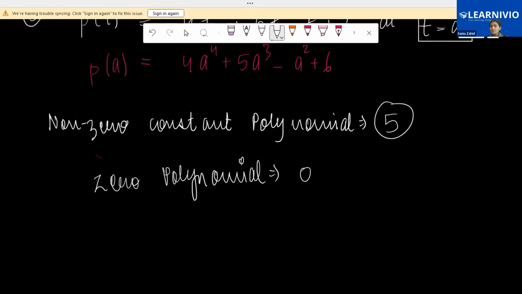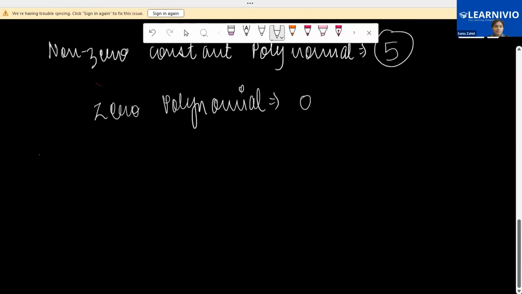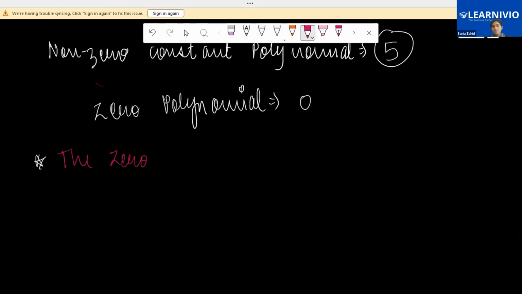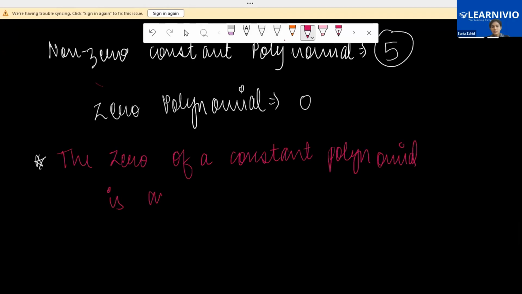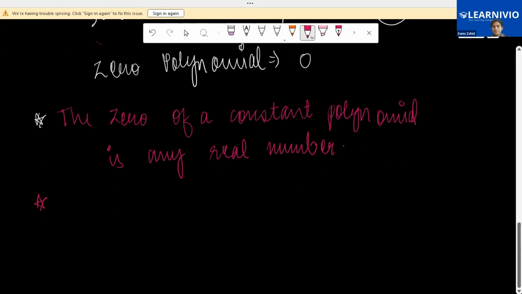Now if I ask you, what is the zero of a non-zero constant polynomial? The zero of a non-zero constant polynomial is any real number. Please note it down.